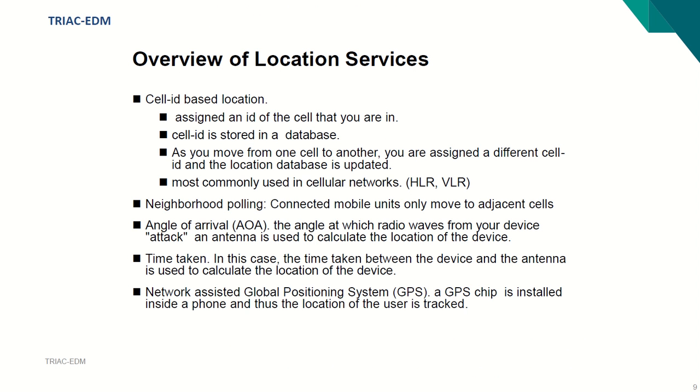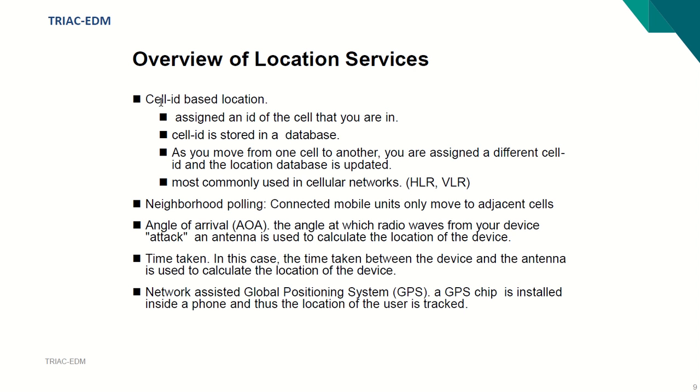Okay, so for the location service, it's cell ID based. This applies not only to 2G, 3G, but even 4G, 5G. It's a general architecture to do the location service.